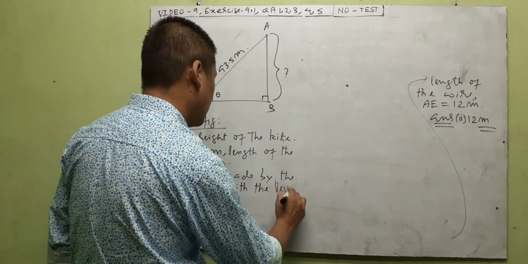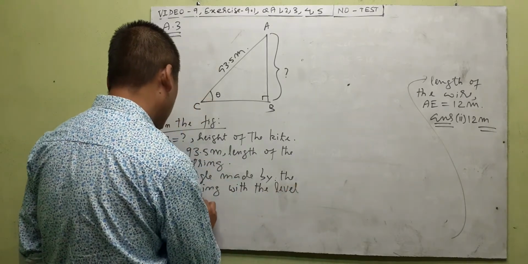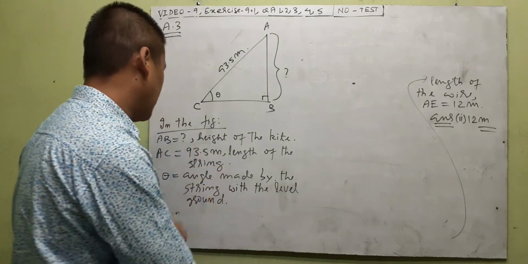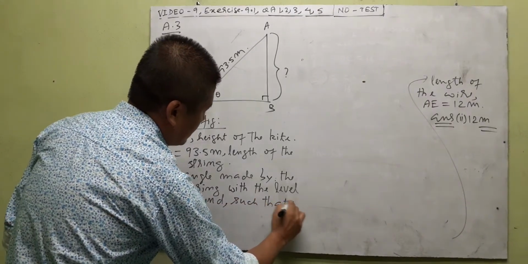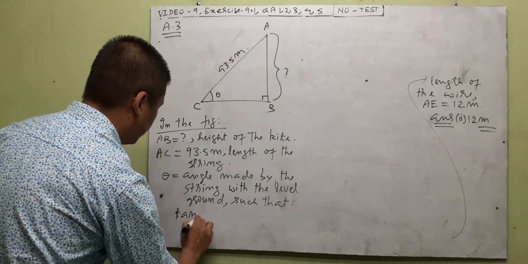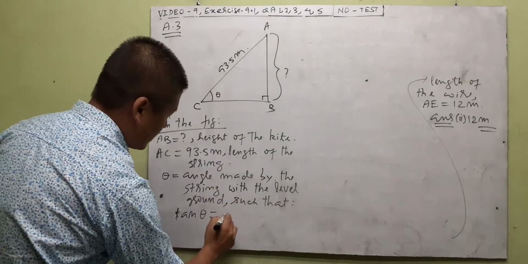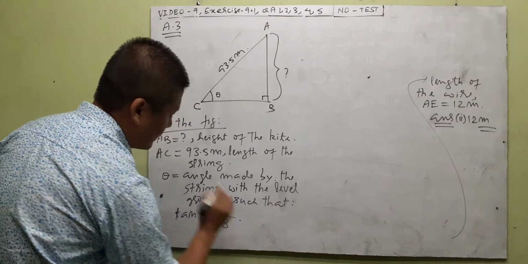With the level ground simply means the horizontal ground level, such that the question has given this condition: tan theta is equal to 15/8. This is given to us.